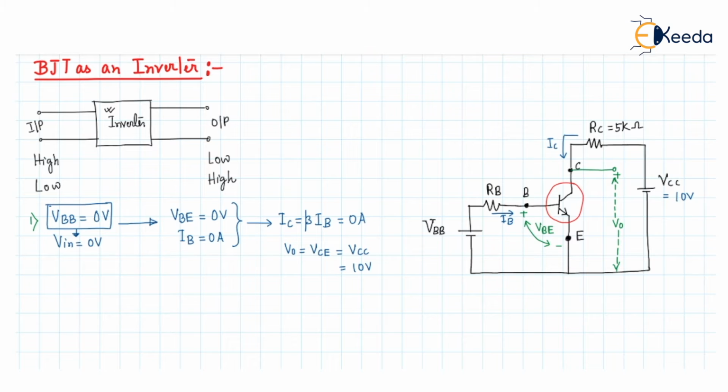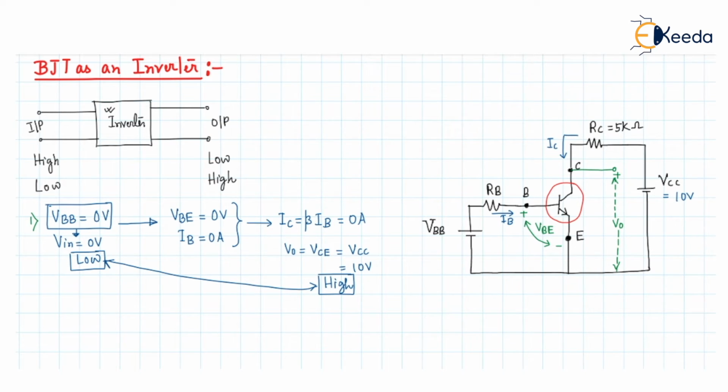That means we have applied a very low voltage at the input, and we have got a high voltage at the output in this fashion from a bipolar junction transistor.